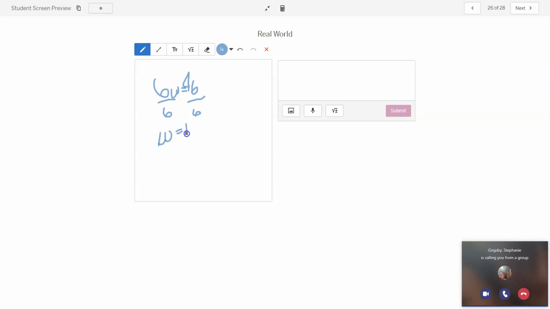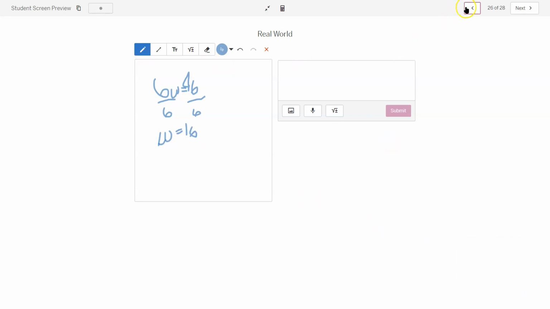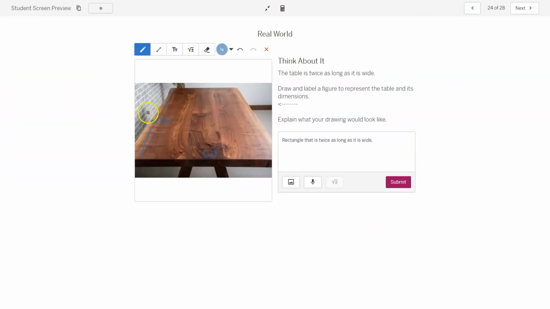Now I notice that this side is 16 inches right here, and 2 times 16 is 32. So this side is 32 inches.